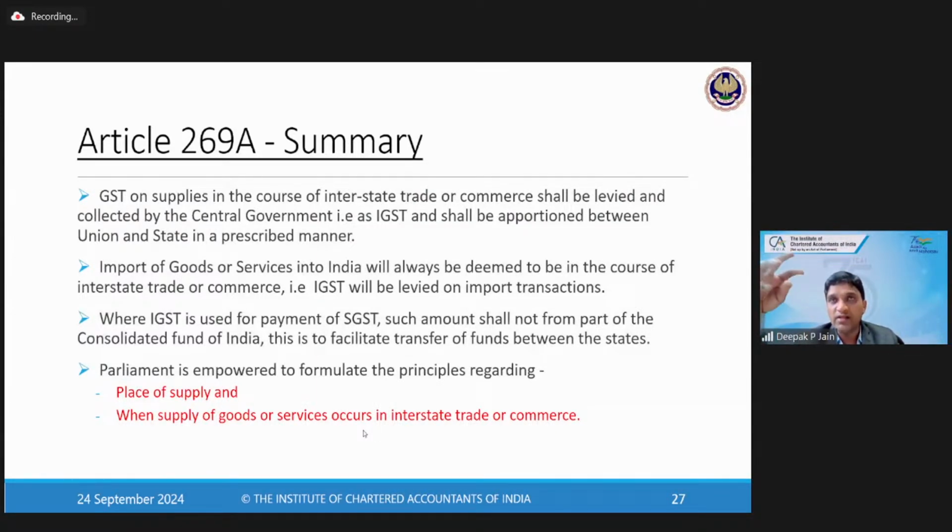Now, when I'm importing some goods, should I pay IGST or should I pay CGST and SGST? Correct. Everybody has understood correctly.